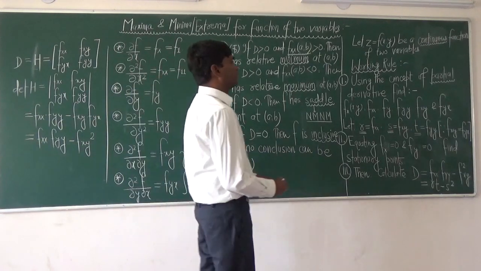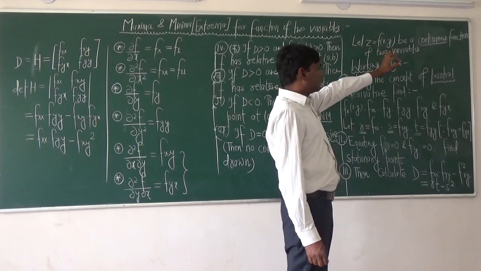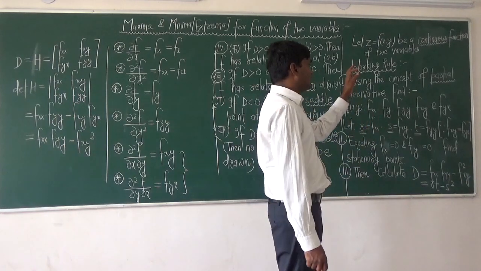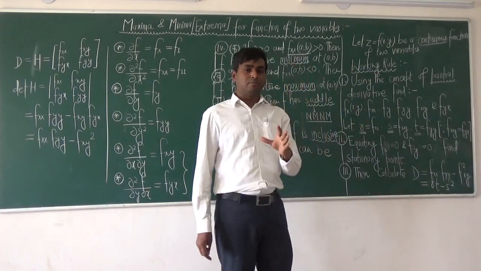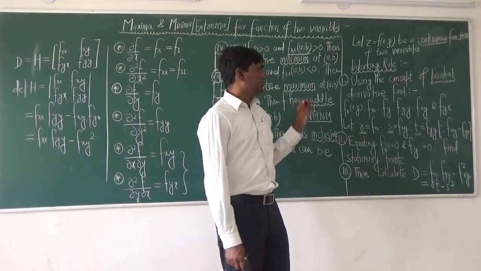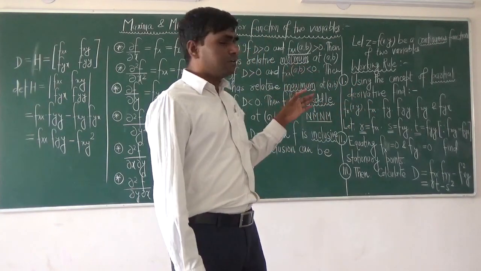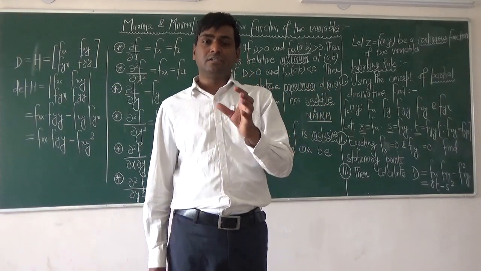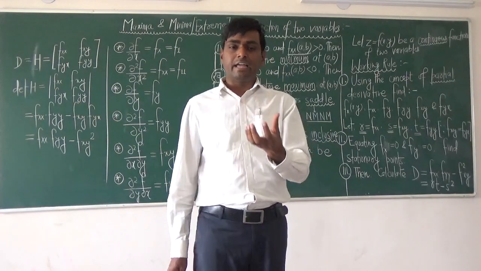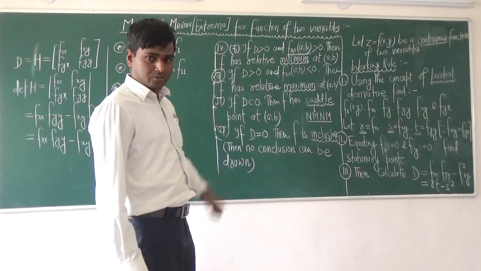First of all we take z equal to f(x,y) as a continuous function of two variables. Here f(x,y) is a function of two variables, not a single variable. It means if we draw the graph of this function, we obtain a three-dimensional graph, a three-dimensional image of that function.